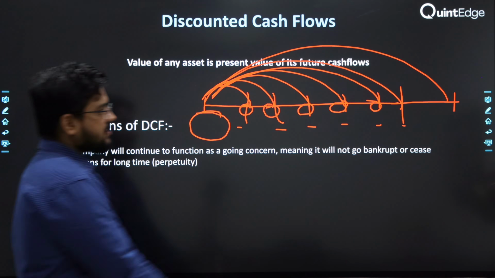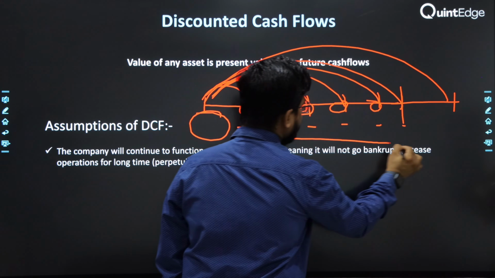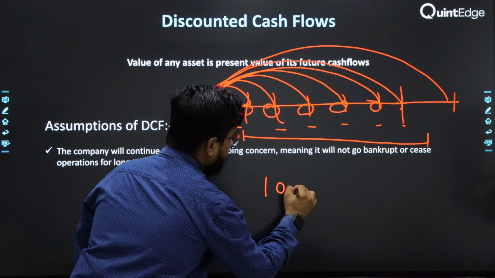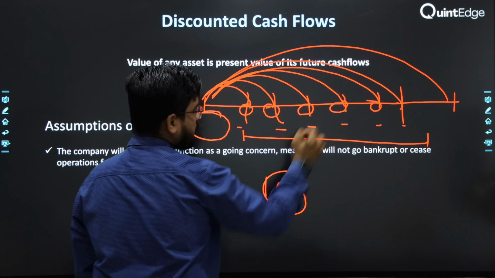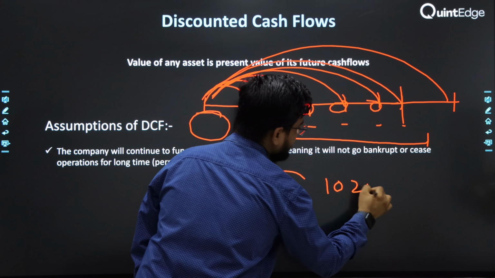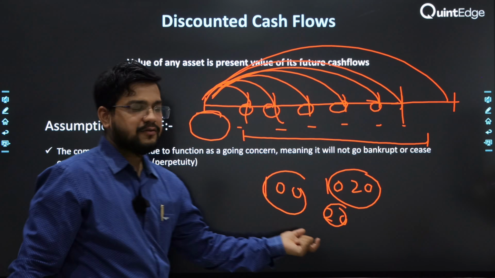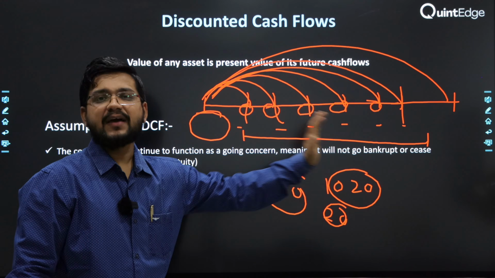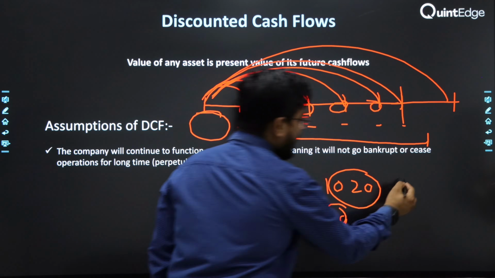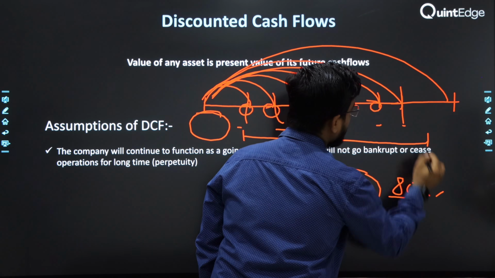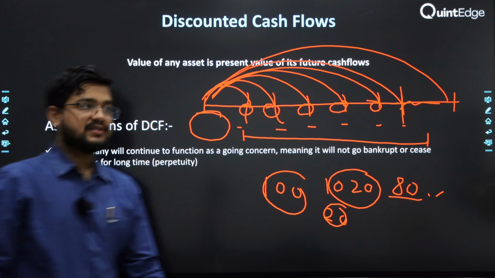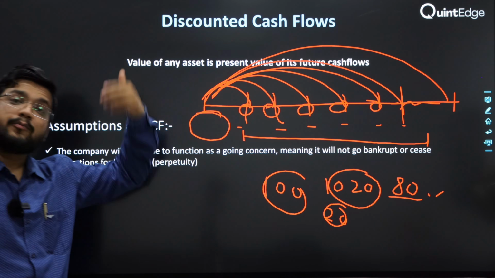The challenge lies in this: let's say we calculate DCF and arrive at a value of 100. These cash flows will hardly give 10 to 20% of the valuation. Out of 100, 20% of the value will be coming from the next 3-5 years that I forecasted. The remaining 80% of the value will come from the period that I have not forecasted and where I am saying the business will keep on continuing.